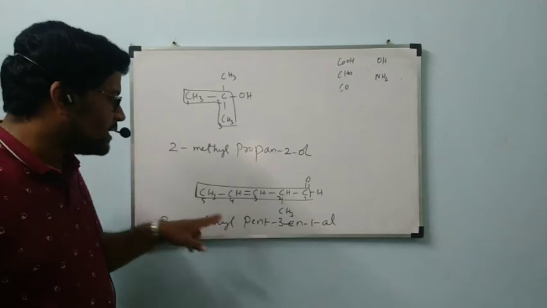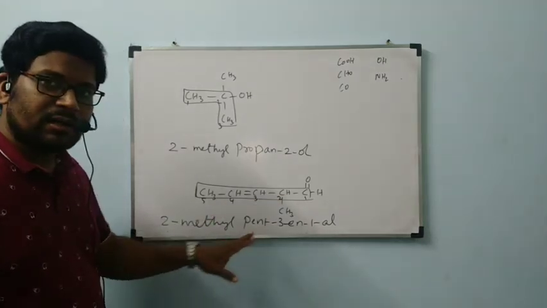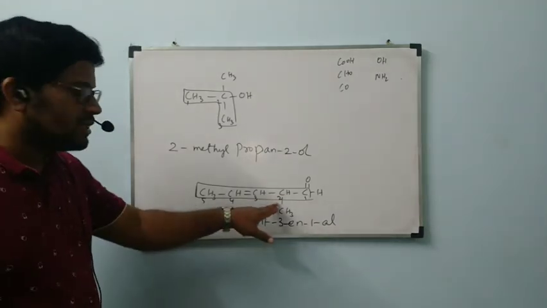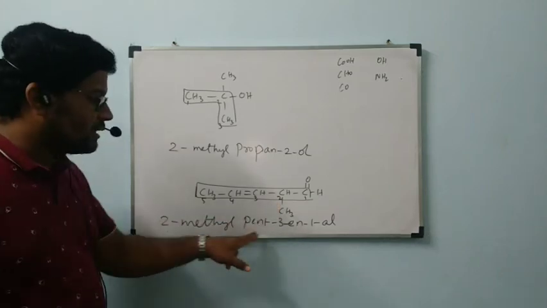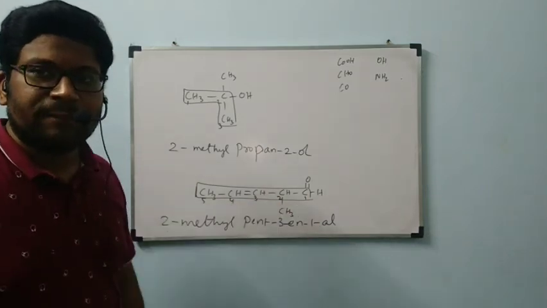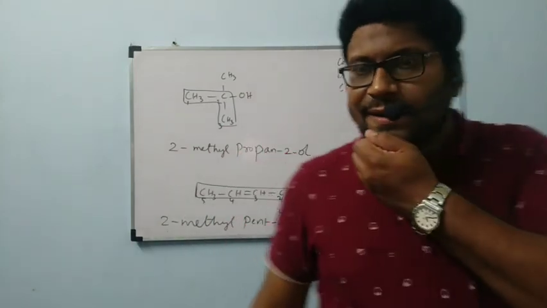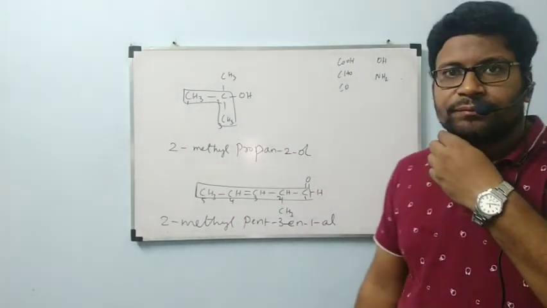Total number of carbons in the parent chain is 5, pent. Prefix methyl, present on the second position. 2-methylpent-3-en-1-al. 2-methylpent-3-en-1-al.